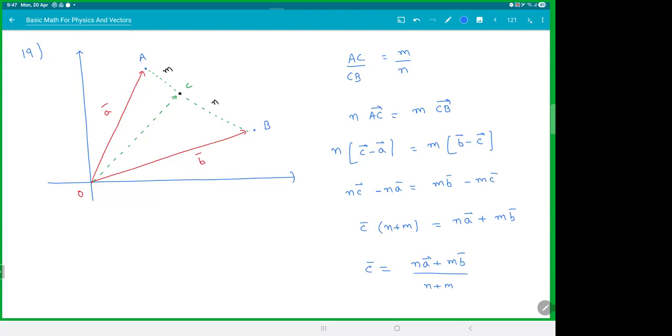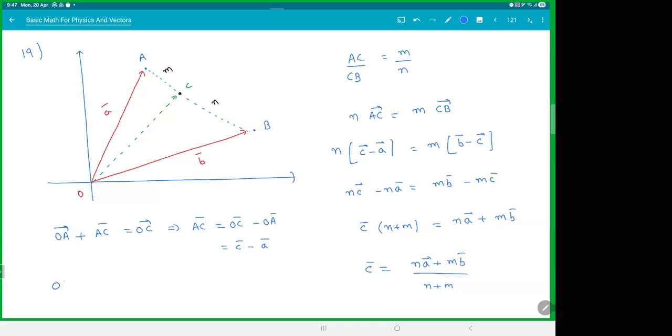I hope Aaron understood how I got that AC bar. In case you were confused, let me show you this thing. OA bar plus AC bar, this comes from triangle law, is equal to OC bar. So we can write AC bar is OC bar minus OA bar. But OC bar is same as C bar and OA bar is same as A bar.